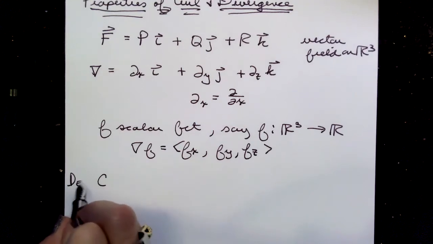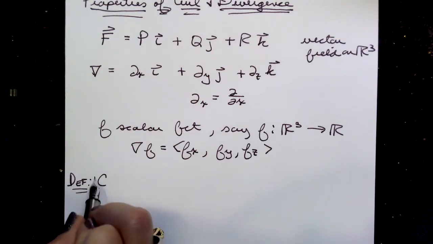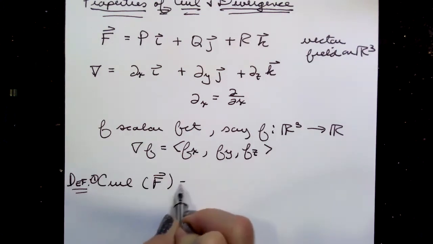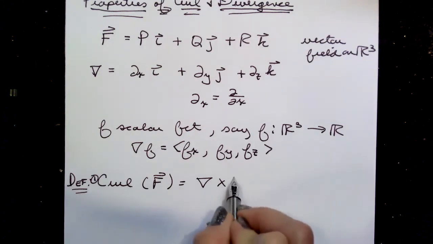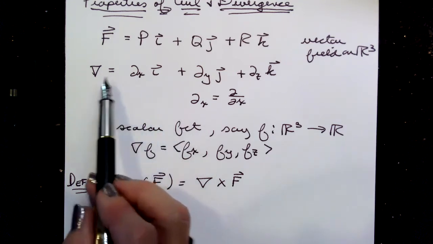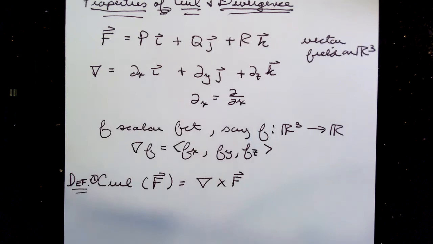So let's remember those. Number one is the curl of our vector field F. I like this notation better for the curl because it tells you exactly what to do. You take the cross product of the gradient vector with the vector field F. And when you do that, I am not going to do the whole cross product, I'll just tell you the results.